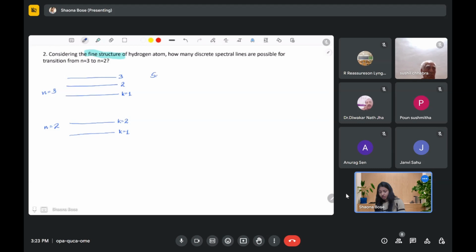And our selection rule for transition of electrons, what is that?